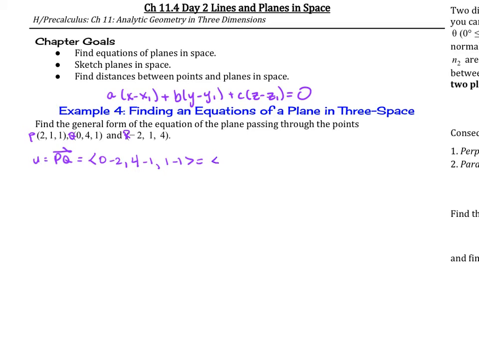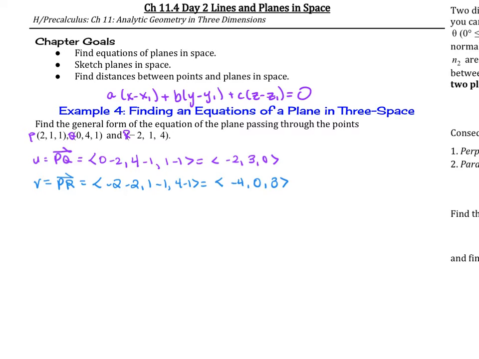So u is negative 2, 3, and 0. For v, let's choose vector PR. This is negative 2 minus 2, 1 minus 1, and 4 minus 1. And so v is negative 4, 0, and 3.